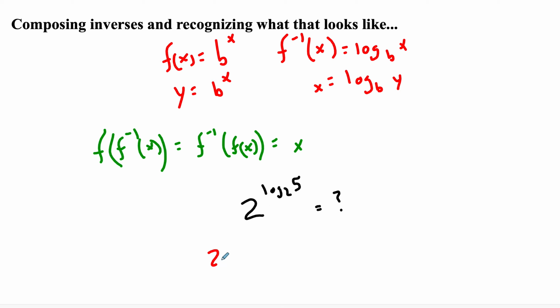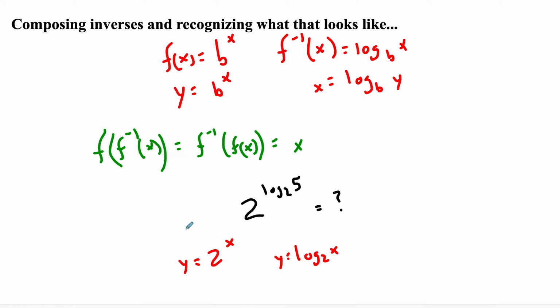You see a 2 being raised to some power, and a log base 2 of, in this case 5, but of something. The first thing you do is the log base 2 of 5, so that would be your inner function, aka log base 2 of x. And then the outer function, the last thing you do, is exponentiate base 2.